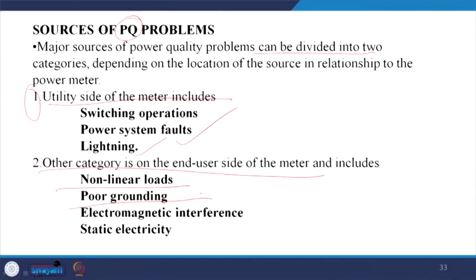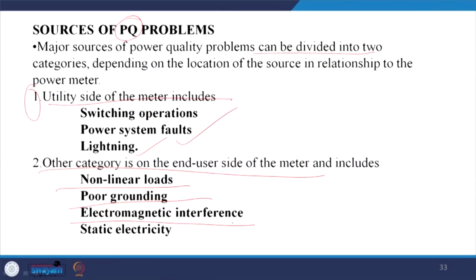That includes nonlinear loads and poor grounding, so there is an oscillation of the neutral point that also leads to some kind of power quality problem, as well as electromagnetic interference and static electricity. These are the other category that causes problems in PQ.